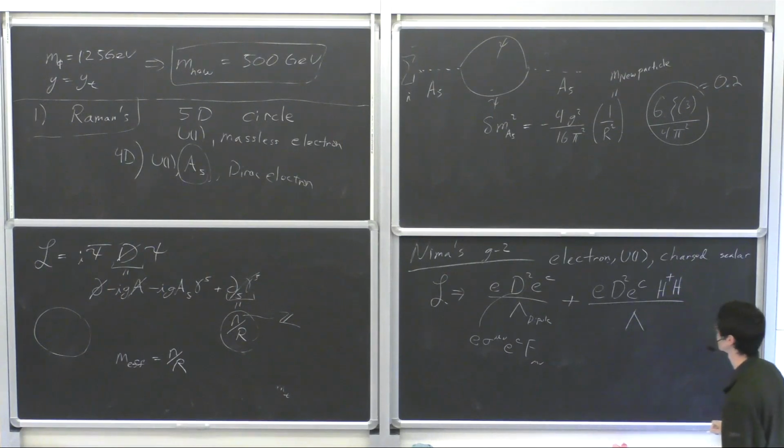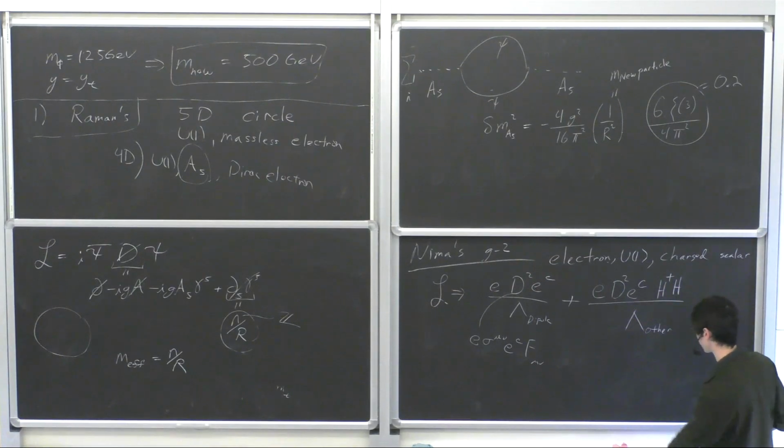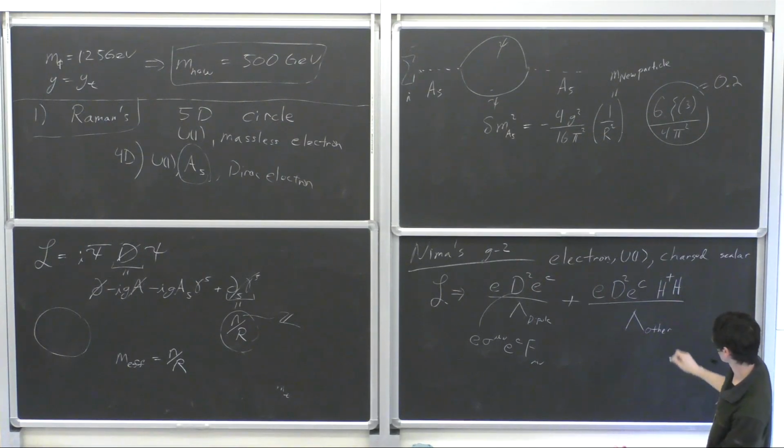What is this thing? It's not a dipole. Whatever, I'm just going to call it lambda other. It is two charged scalars, H cubed.